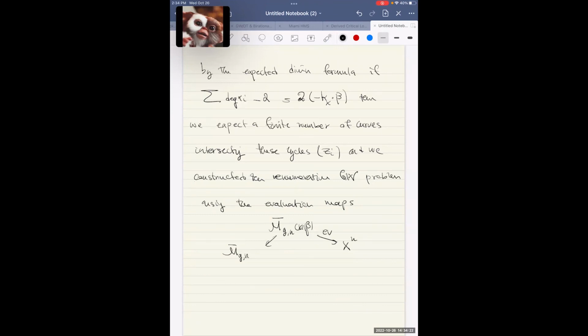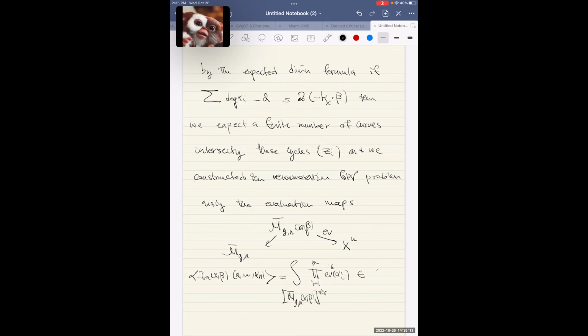And then we defined the Gromov-Witten invariant I_n(X, beta) of alpha 1 to alpha n as the integral of the product of the pullbacks by the evaluation maps of the alpha_i's, cup products with each other, integrated over the virtual class of M bar g,n (X, beta).